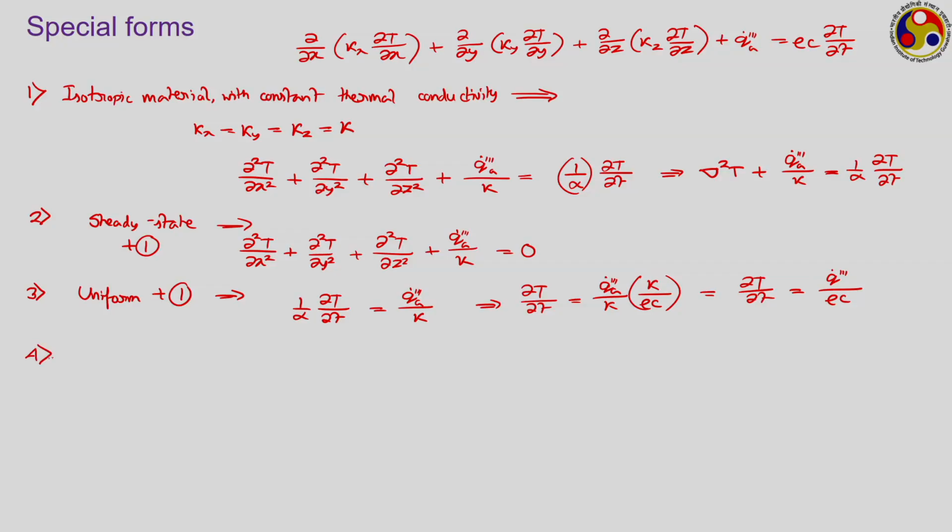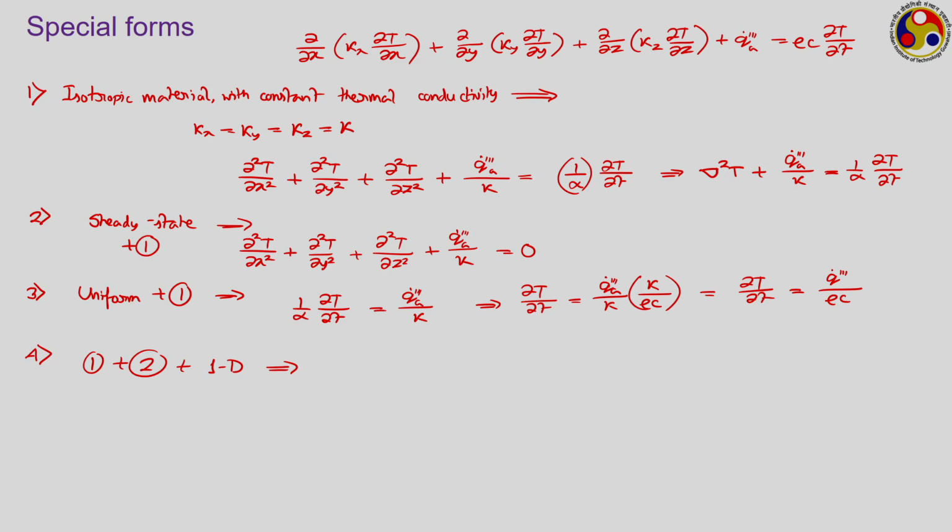And the simplest possible case that we can have, where we are considering an isotropic material, plus steady state, plus one dimension. Actually, the consideration of steady state already covers one.